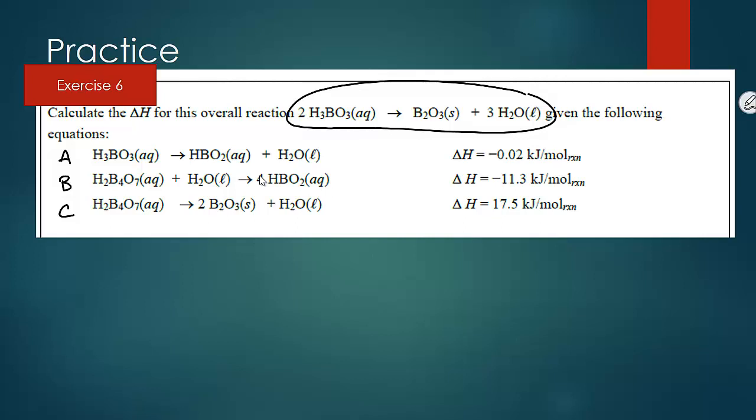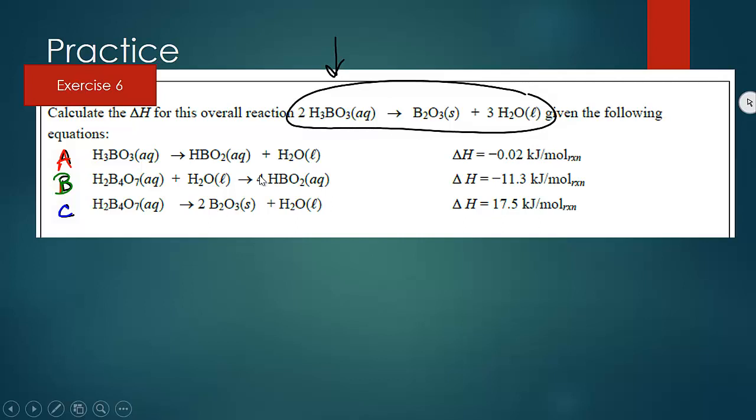So I'm going to label my reactions so that you can easily see what I'm using and what happens to it. So the first thing I'm going to do is I'm going to look at this first player, the first species, boric acid. I need 2 boric acids.